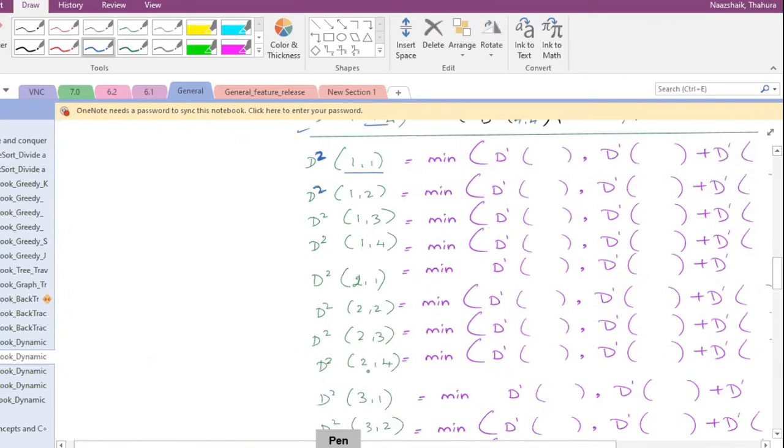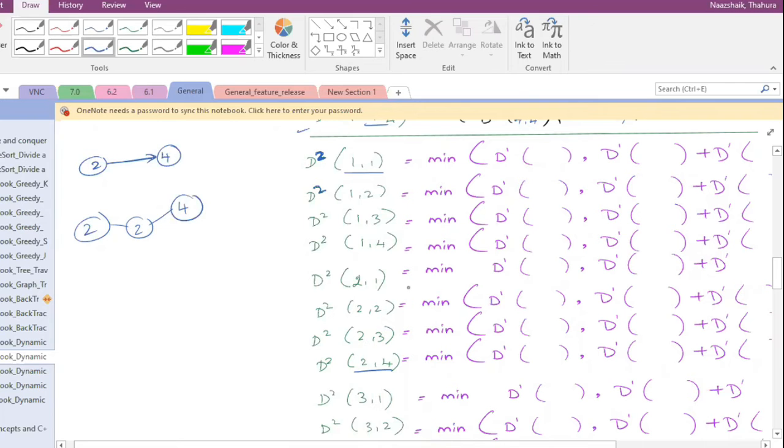Let me take, say, 2, 4. So here I can go 2 to 4 directly, or in D2 case, 2 is my intermediate vertex. So I can go from 2, 2, 2, 4.